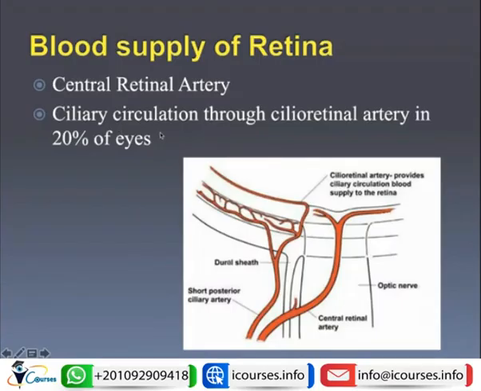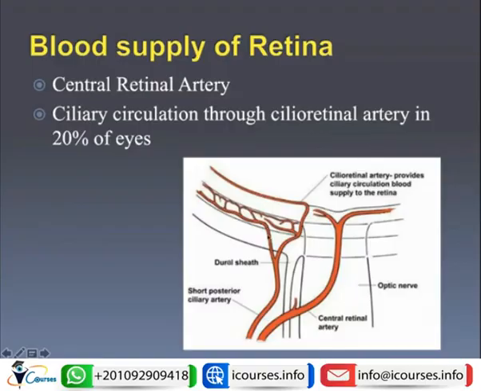Sometimes the ciliary circulation will provide an artery called the cilioretinal artery. The cilioretinal artery is present normally in 20% of the human population, and this artery will share in the supply of the macula.